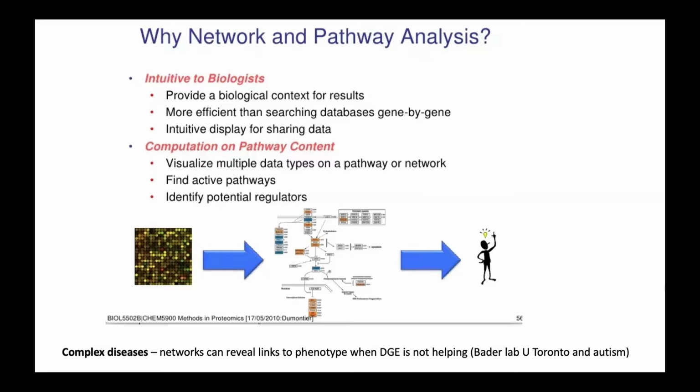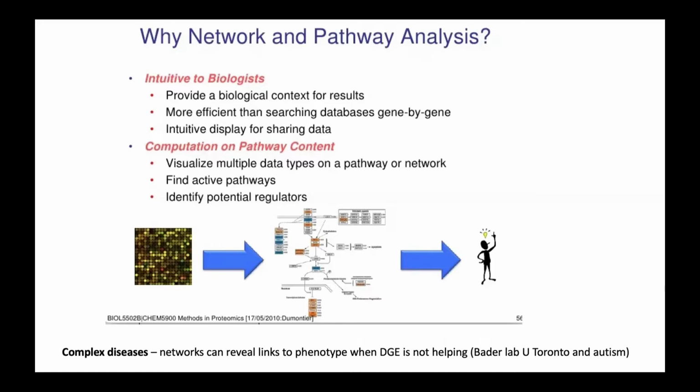So what we can do is visualize multiple data types on a pathway. We were talking about genes, proteins, small molecules, and we can find active pathways and, as just one example, identify potential regulators. You can focus on various things here.